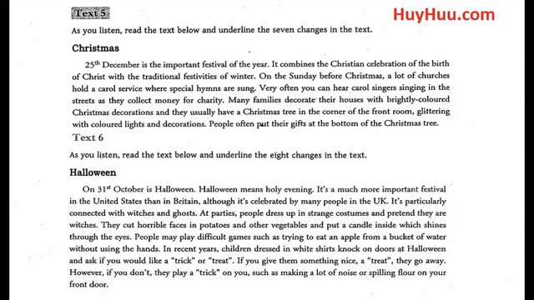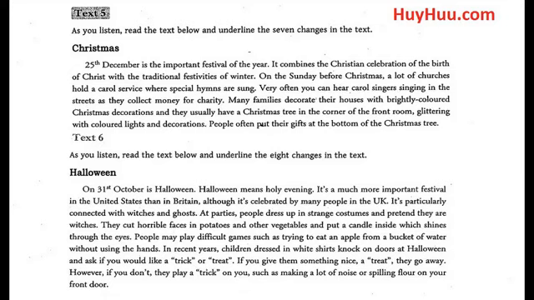Christmas. 25th of December is the most important festival of the year. It combines the Christian celebration of the birth of Christ with the traditional festivities of winter. On the Sunday before Christmas, many churches hold a carol service where special hymns are sung.